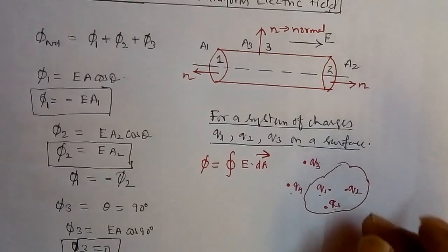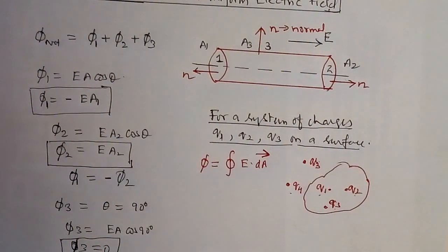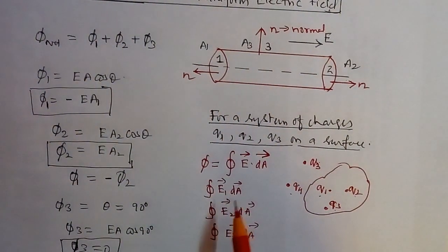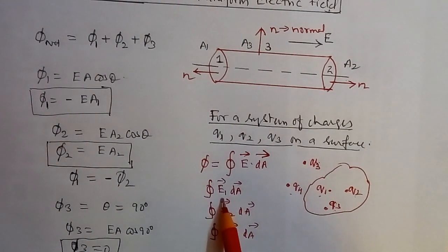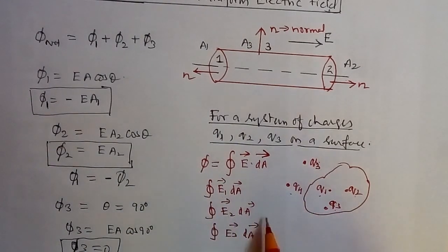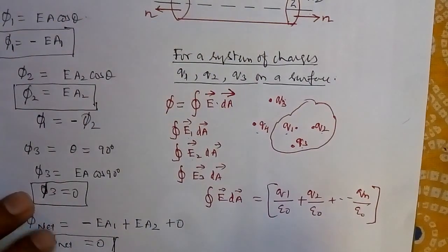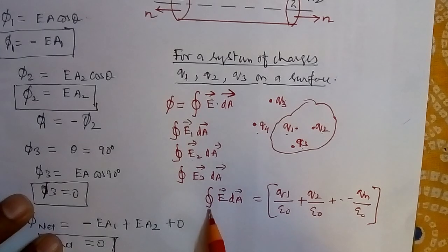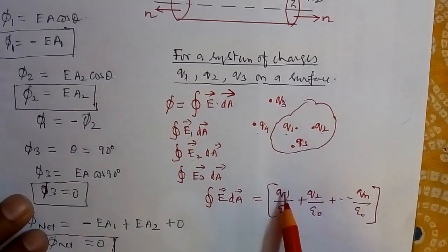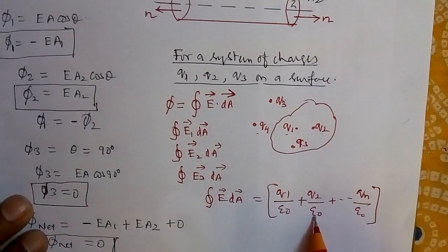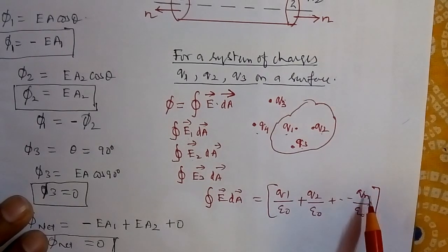So the individual fluxes could be the integral of E1 dA, integral of E2 dA and integral of E3 dA. So we can write the surface integral of E dA equals Q1 by epsilon naught plus Q2 by epsilon naught plus so on, up to n times the charges present in the system.